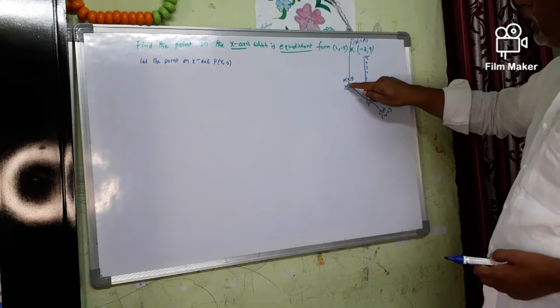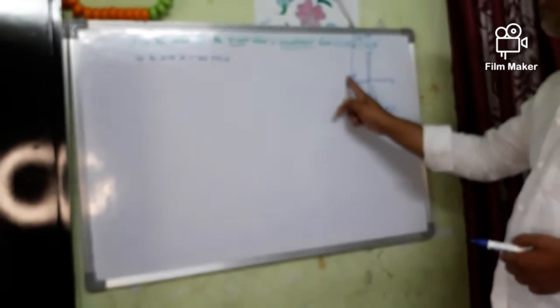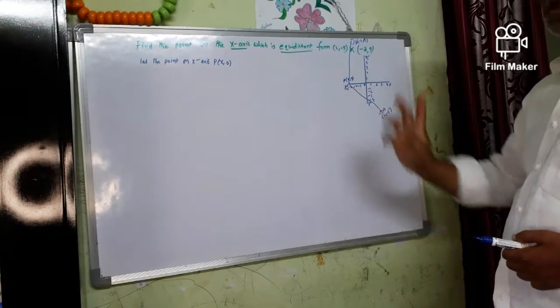So the distance between P and B and the distance between P and A are equal.